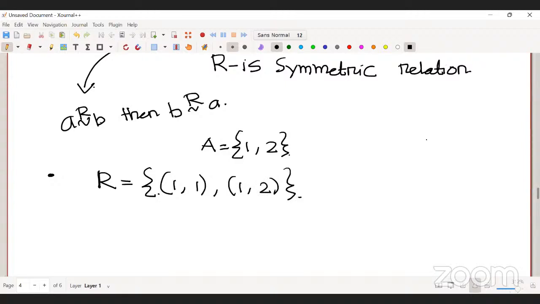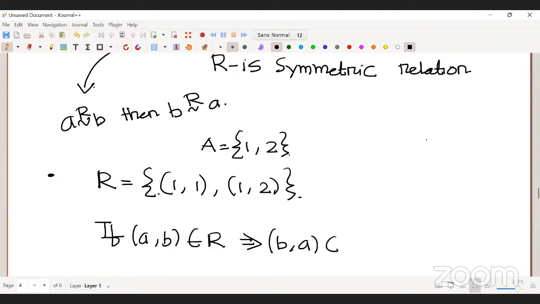So what do we need to check? We need to check that if A comma B is in R, then this should imply that B comma A is also in R. For the first tuple, 1 comma 1 is in R. If I flip it, I get 1 comma 1, which is also in R. So this condition is true for the first element.